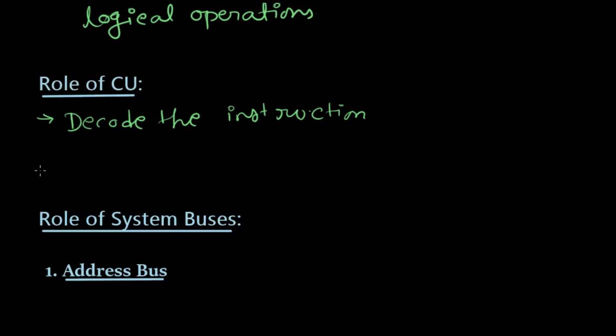So after decoding what to do, accordingly the control unit issues some control signals. So its second job is to issue control signals after decoding takes place.